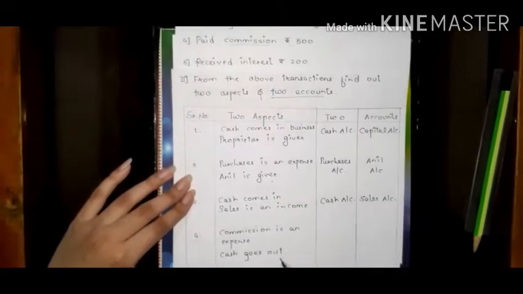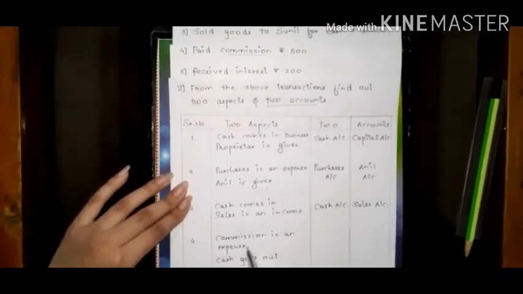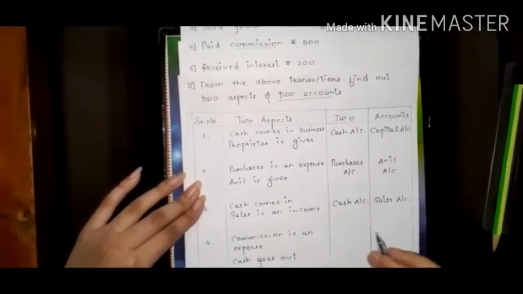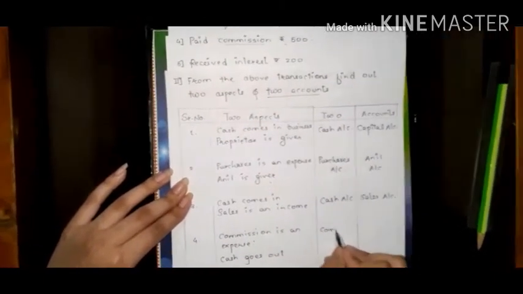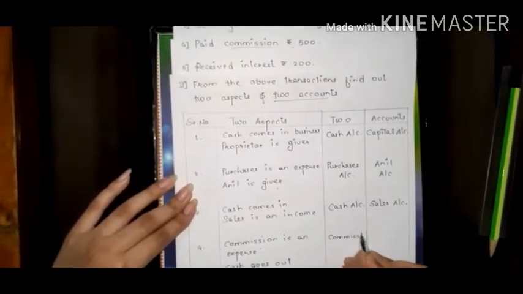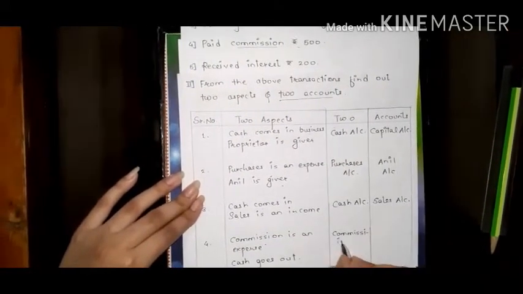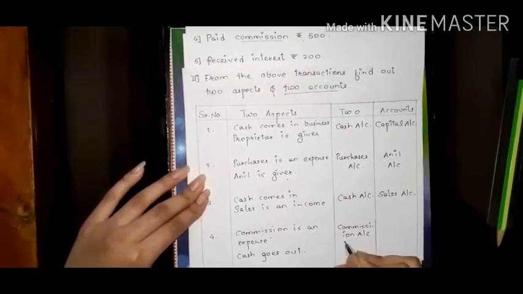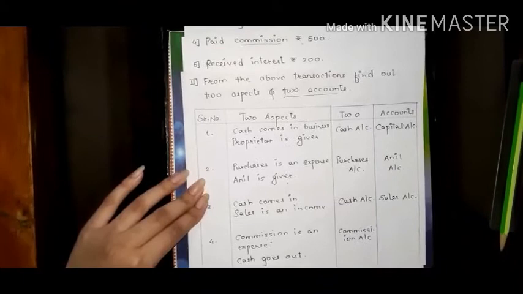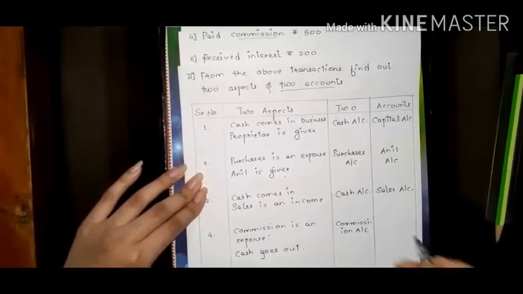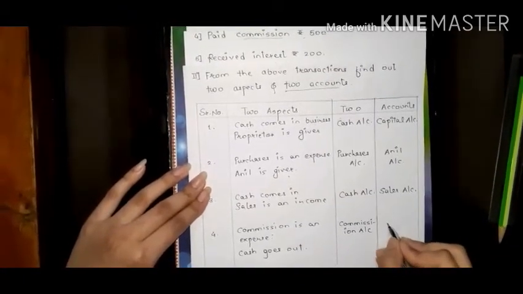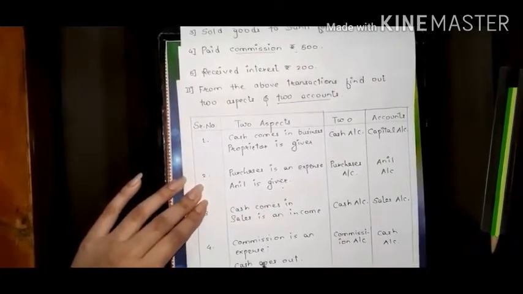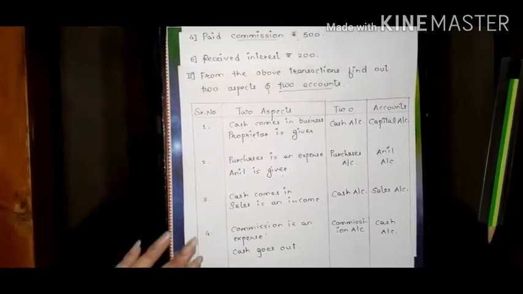These are the two aspects. Now, in this first aspect, which is the first account? Commission. As we have paid it, so commission is going to be the first account. I've written it here down. And cash goes out. We already know cash is the another account. So we will write down cash account. These are the two accounts of this fourth transaction.